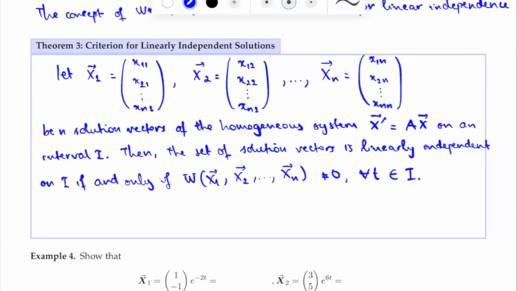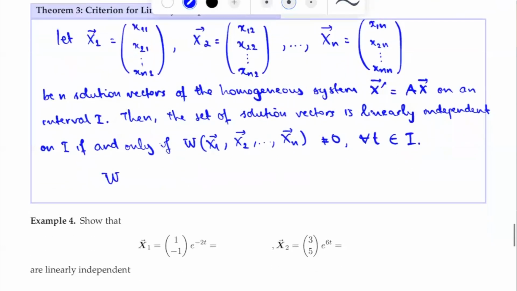Unlike the Wronskian that we learned before, where you have the solution and you take the derivative of the solution, y1, y1 prime, y2, y2 prime, for the system, to determine if the set of solution vectors is linearly independent or not, you just form the determinant of column vectors. You start with the x1 column vector, then x2, and then up to xn.